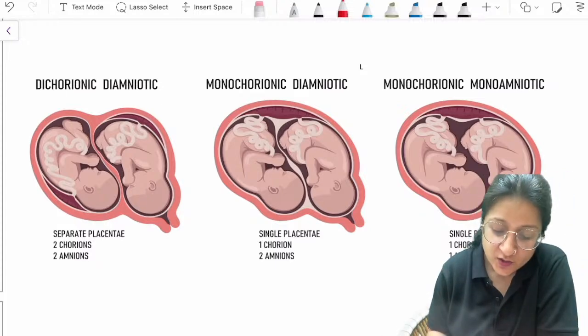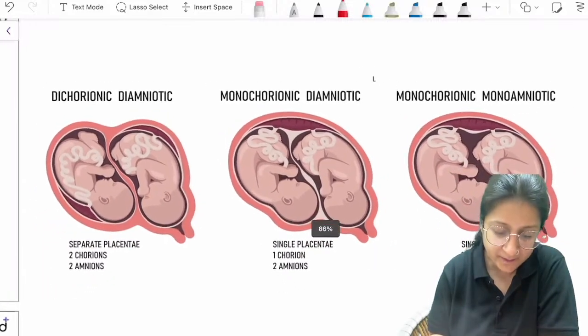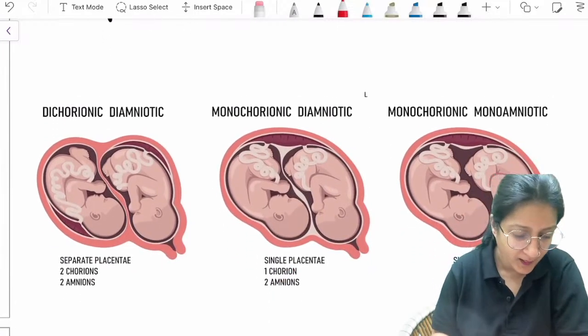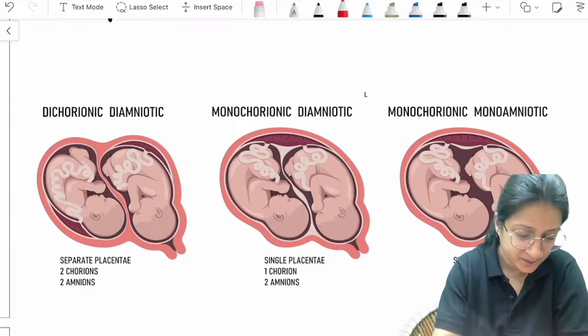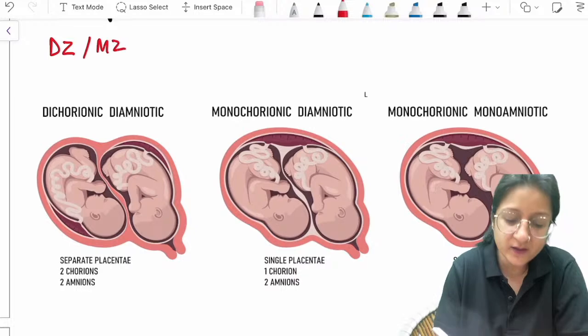All right. So when you have twin pregnancy, okay, there can be dizygotic twin pregnancy or there can be monozygotic twin pregnancy.